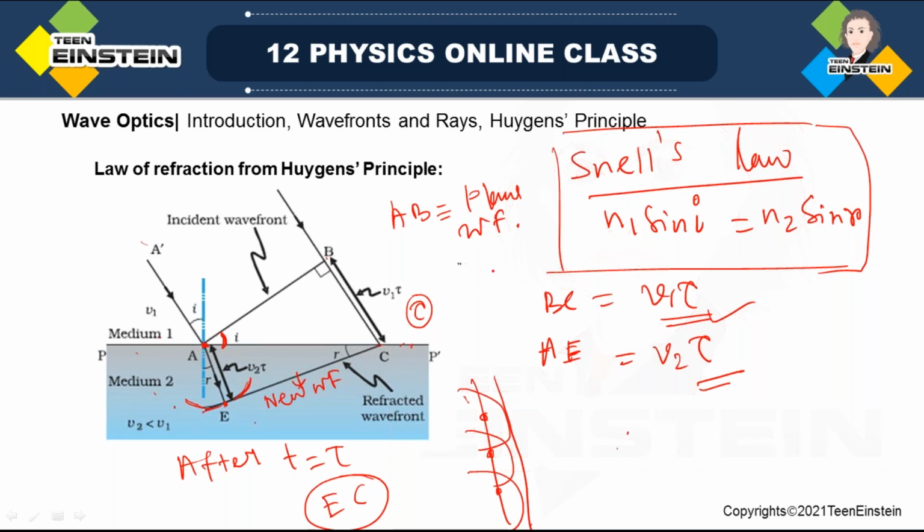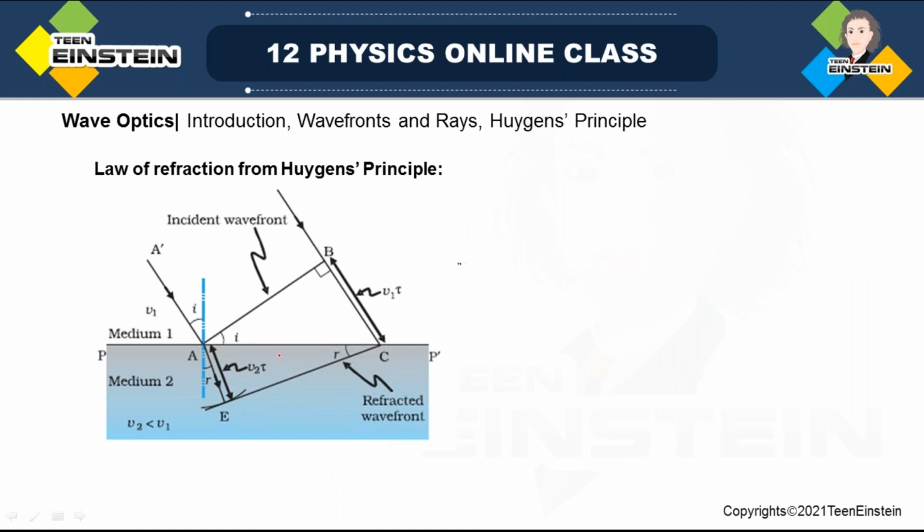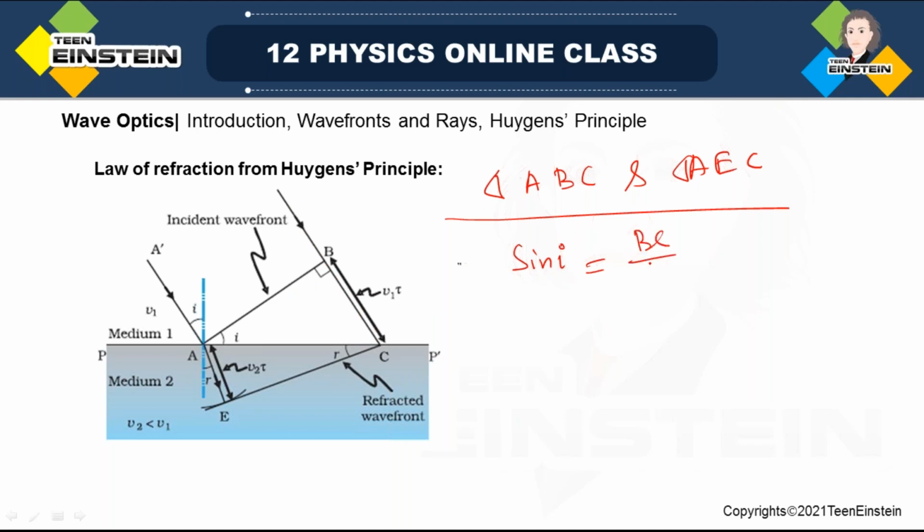Okay, now what we'll do? We'll do the calculation and show how Snell's law is valid here. See, I have two triangles: triangle ABC and triangle AEC. For triangle ABC, if I write sine i, so look, BC is the perpendicular, so perpendicular by hypotenuse, that is BC by AC.